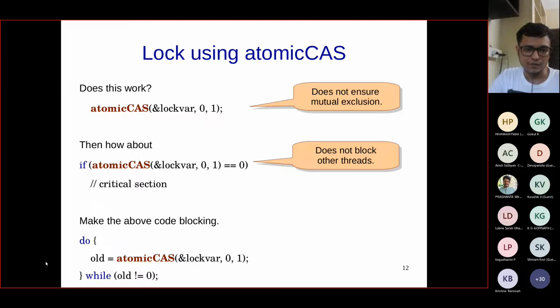We check the old value, and if it is not 0, we'll keep on looping, and if it is 0, then this do while loop will terminate, and we'll move to the critical section. Again, my question is simple: will this work? Or in other words, will this ensure mutual exclusion? I hope the question is clear.